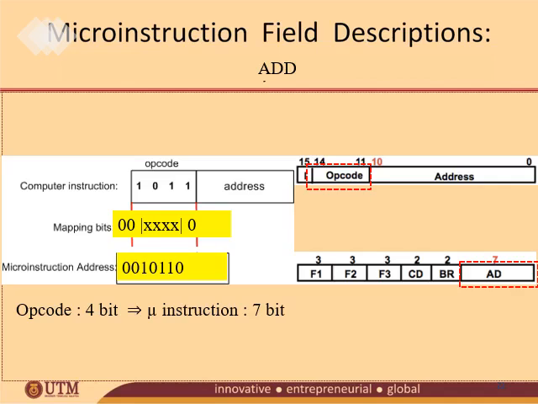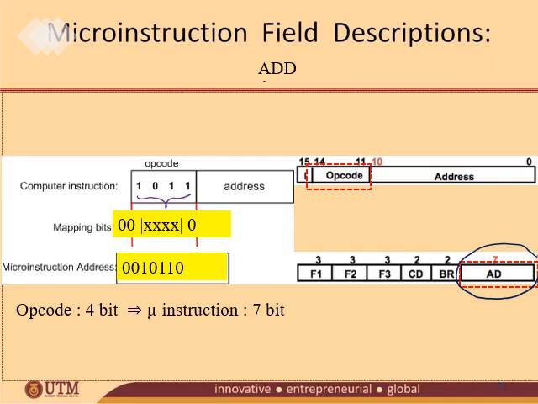Let's say from fetch we want to go to indirect. Then that address should be inside here. For example, fetch goes to indirect. Let's say the indirect opcode is 1011. Right?